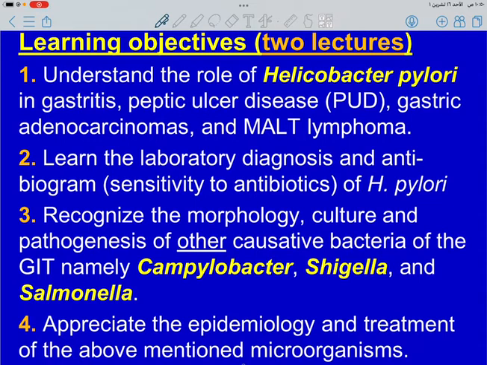Number 3, to recognize the morphology, culture, and pathogenesis, and the role of bacteria, Campylobacter, Shigella, and Salmonella. Each lecture, classically, we talk about morphology, we talk about culture, we talk about laboratory diagnosis, epidemiology sometimes, and also the antibiogram, as I mentioned. Appreciate the epidemiology of the microorganism.